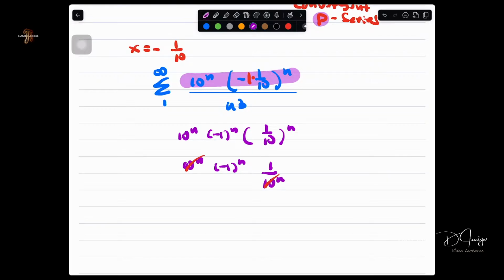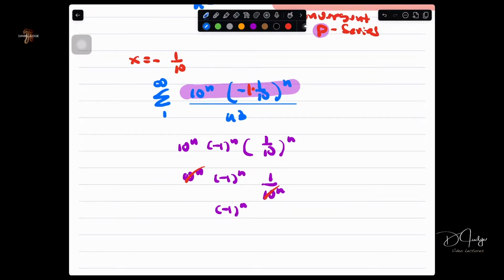Essentially, it's just going to be negative 1 to the n. So this series is what we get when we replace x with negative 1/10.